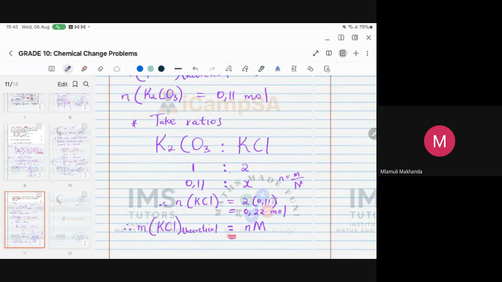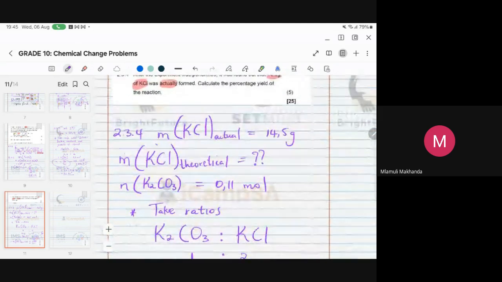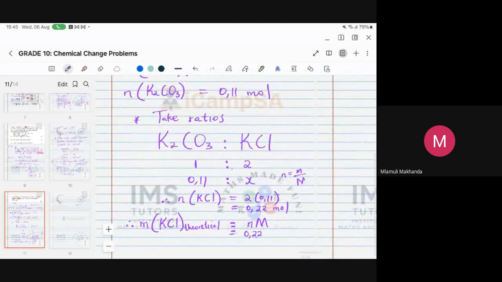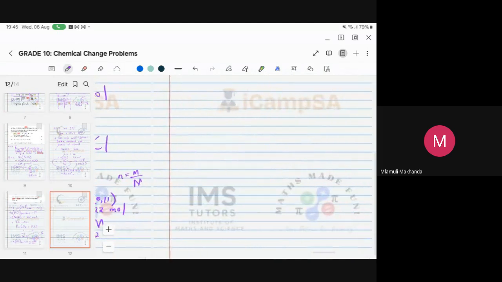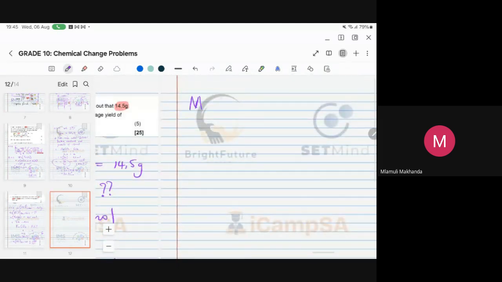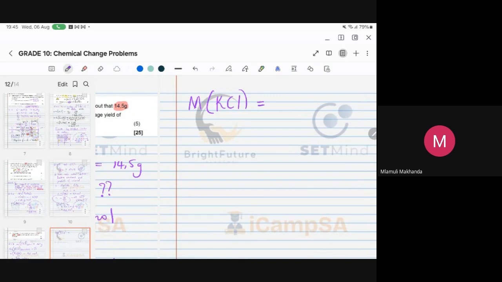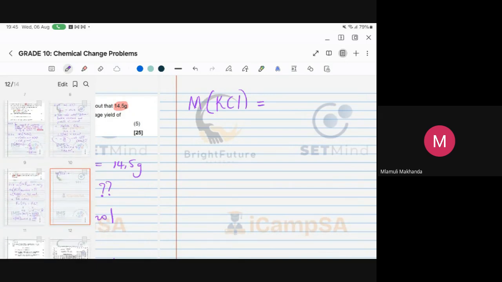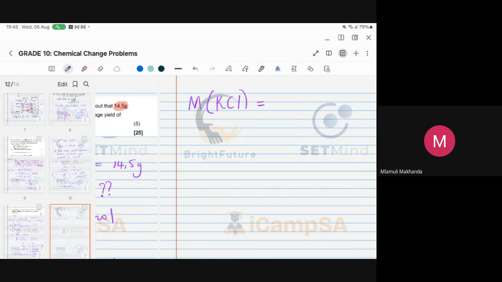Let's find the 0.22 and KCl. We don't have the molar mass of KCl. Let's see if we can find it beforehand. The molar mass of KCl: K is 39, plus chlorine.